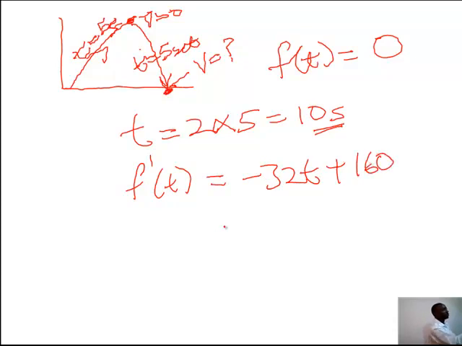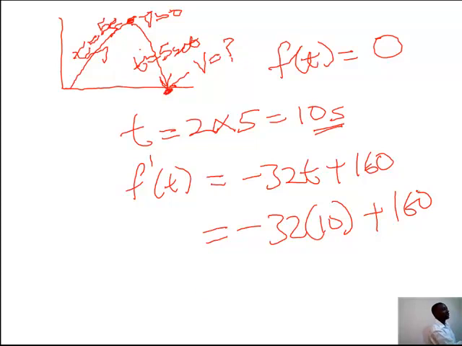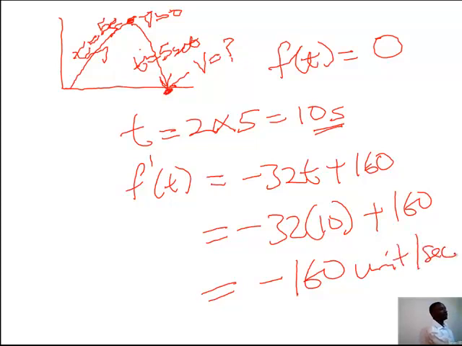So when we substitute it, we are going to get 32 multiplied by 10 plus 160, and we are going to get our answer to be minus 160 units per second, which is the unit of velocity. The reason why it has a negative sign is because the ball is decelerating.